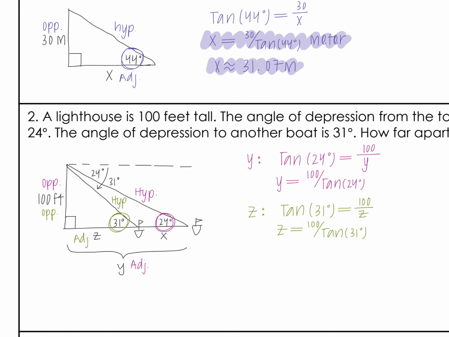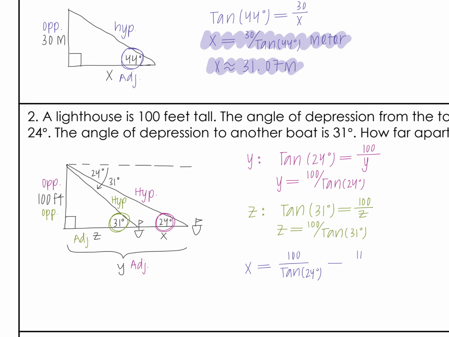All right, so to solve for my x, okay, my x is going to be equal to, we're going to find our y, take that y length, 100 divided by tangent of 24 degrees. And we are going to subtract from it my z.